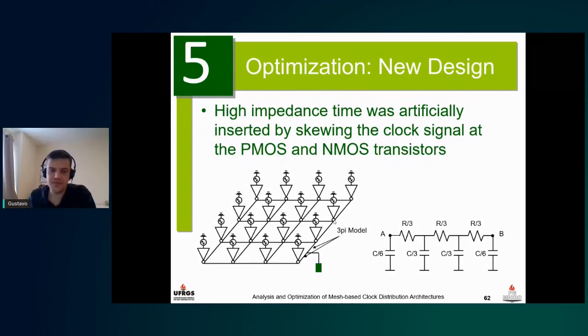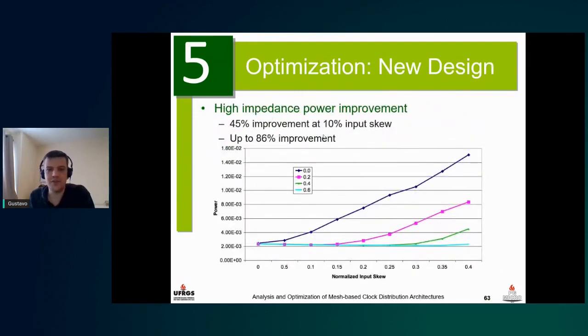For the sake of experimentation, we have artificially created this high impedance time by splitting out the gates of the NMOS and the PMOS transistors, and performed some experiments with that. What we can see here is how much power we consume for different input skews and different high impedance times.